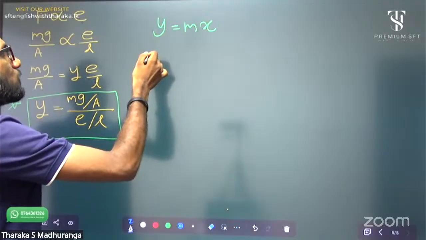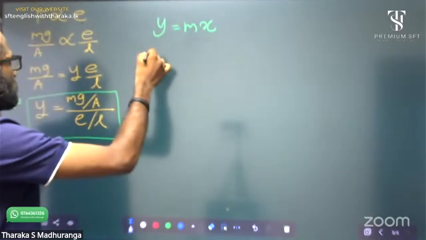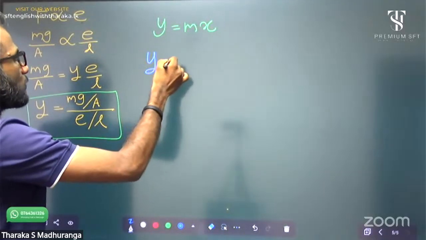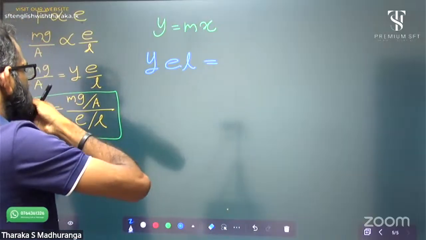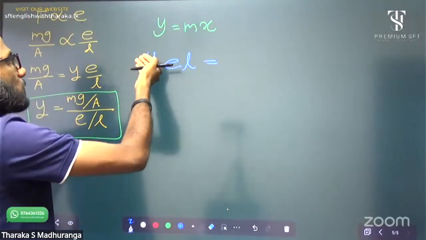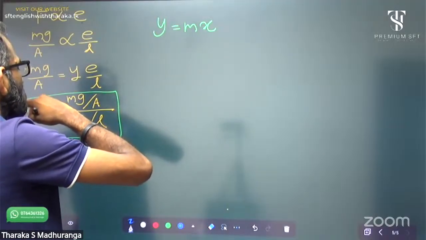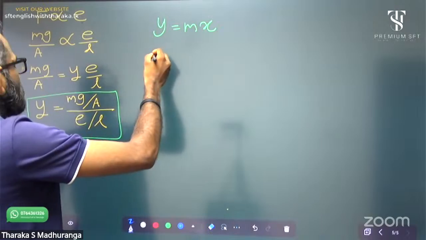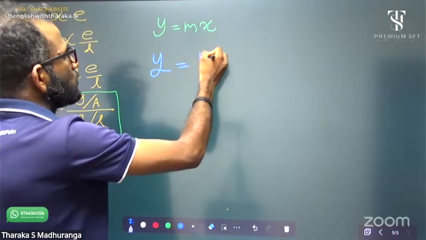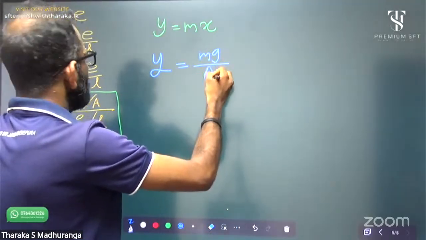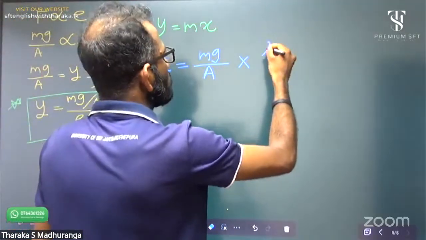Now I'm going to cross multiply. Young's modulus equals mg over A multiplied by the reciprocal, L over e.